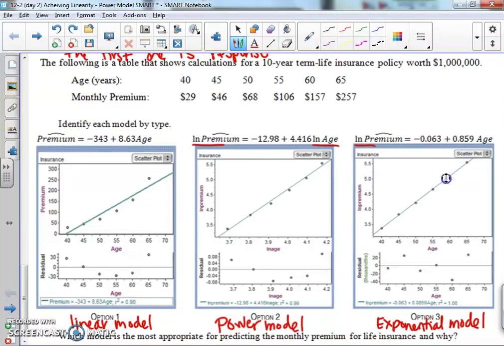And again, taking a look at the graph, the dots are hitting a line pretty well, but not only are they hitting the line pretty well, look at my residual plot. There's nice even scatter. There's no curved pattern at all whatsoever. So this nice even scatter tells me that this is probably the best fitting model.